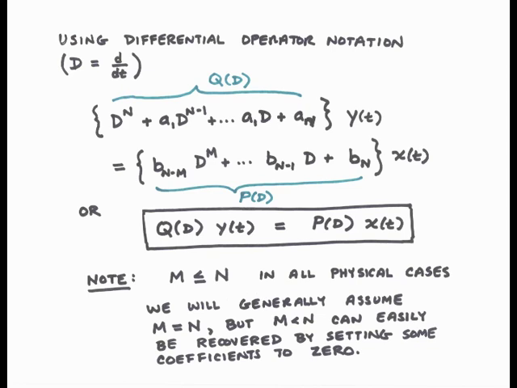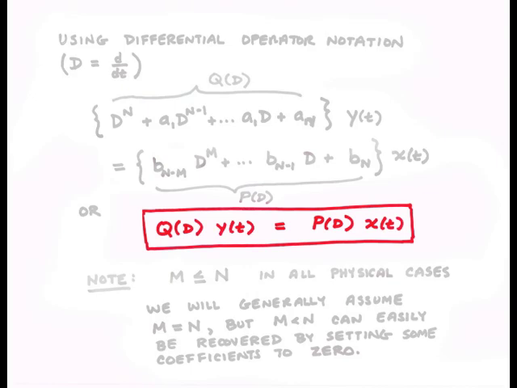And we have a polynomial in the differential operator, P of D, which is multiplying the input signal x of t. You notice the coefficients of our differential equation appear as coefficients of these polynomials. So we can write our differential equation in a very compact form. Q of D times y of t equals P of D times x of t.